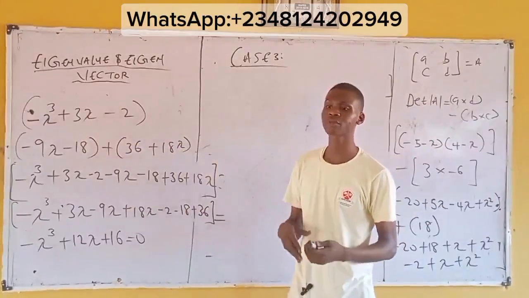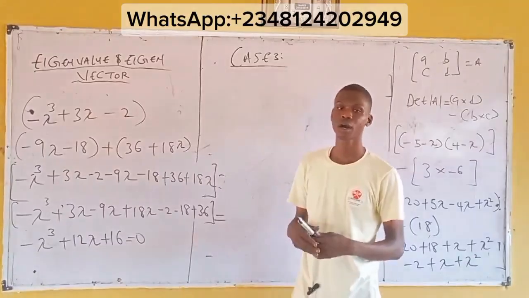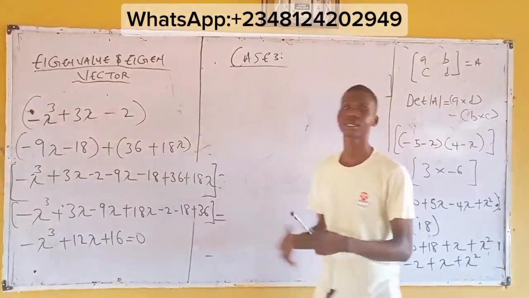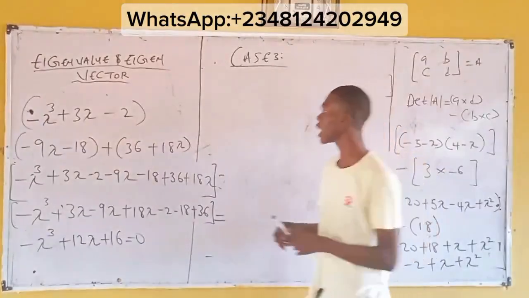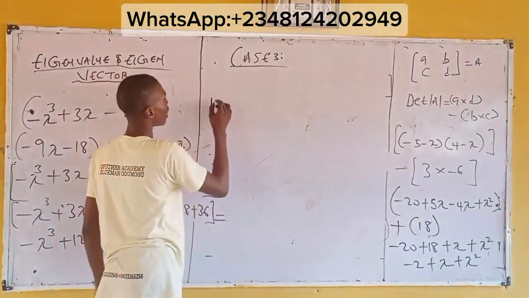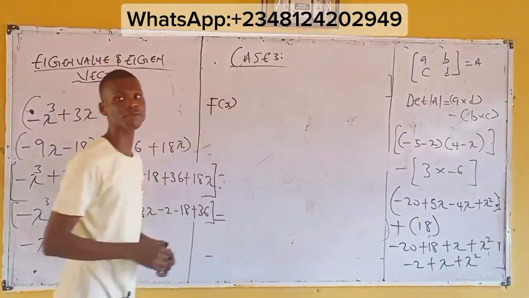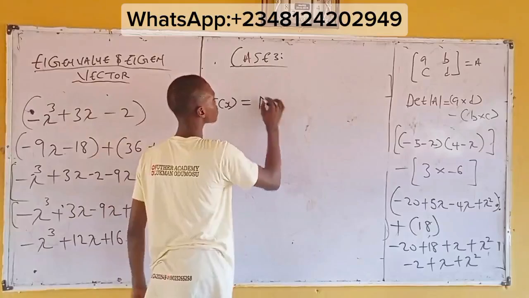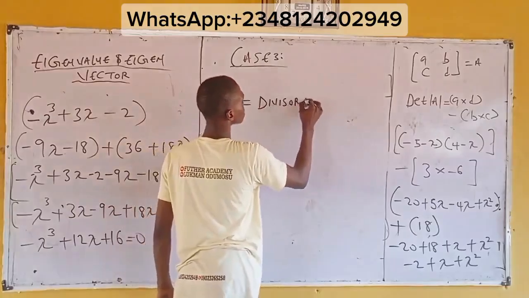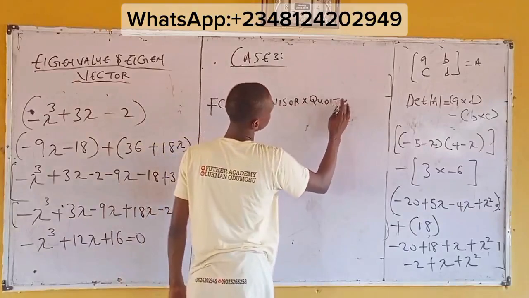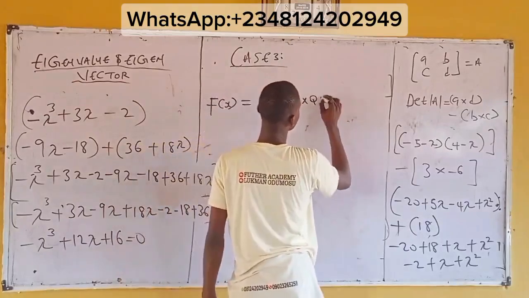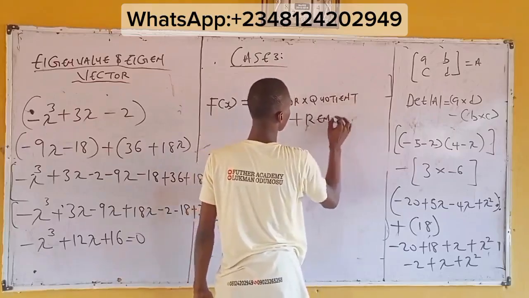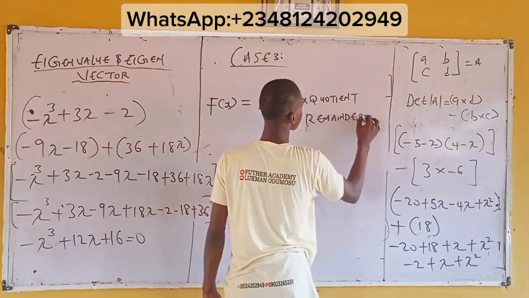The idea behind the long division method is that you need your dividend. You need your what? Dividend. Let's take this to polynomial. Let's say you are given a function f of x, and this f of x is a polynomial. This f of x is equals to what? Divisor times quotient plus remainder, right?